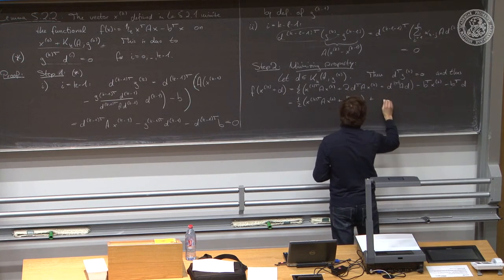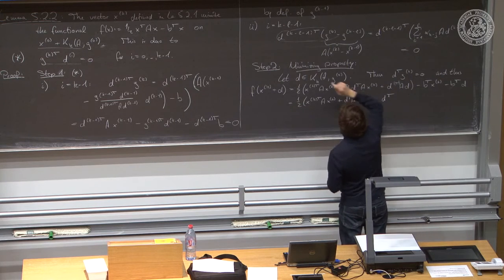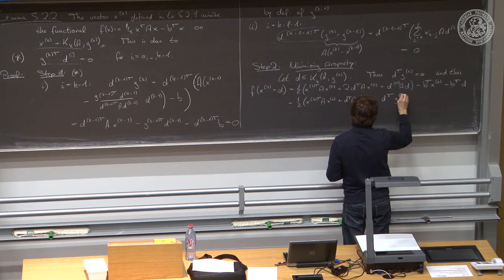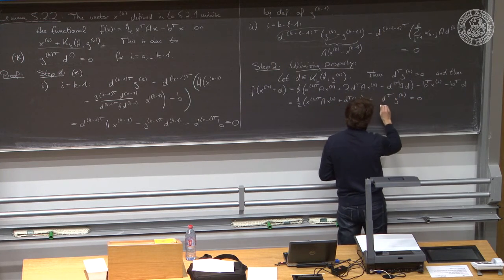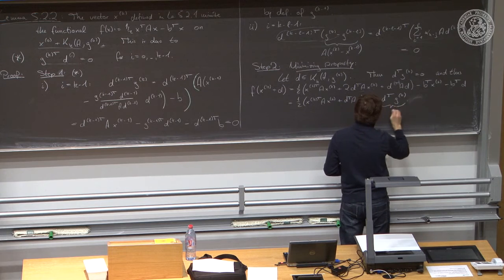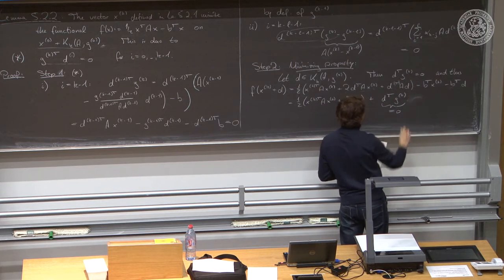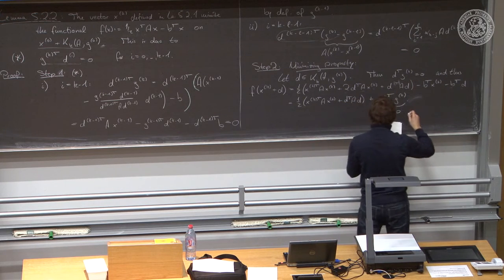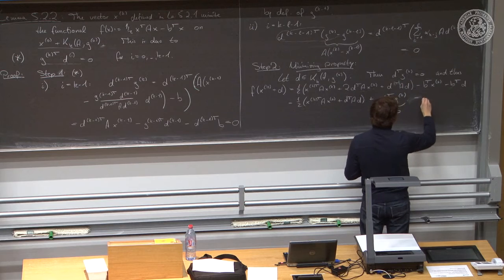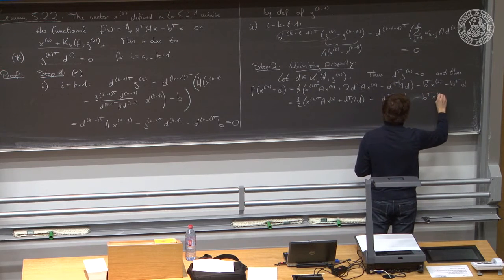This is nothing but the gradient g_k, and it is 0 due to our result before. What is left is this term, b transpose x_k.